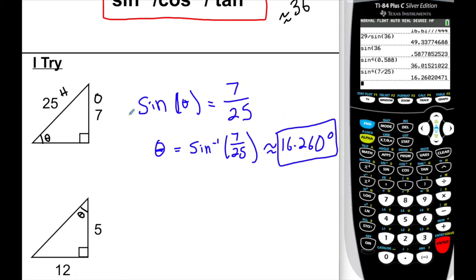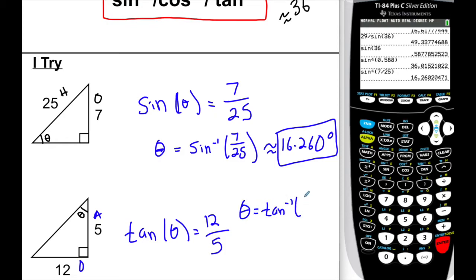Down here, which sides do I have? I have an opposite and an adjacent. So here I know that the tangent of the angle I'm given is equal to the opposite over the adjacent. In other words, the angle is equal to the inverse tangent of 12 over 5.